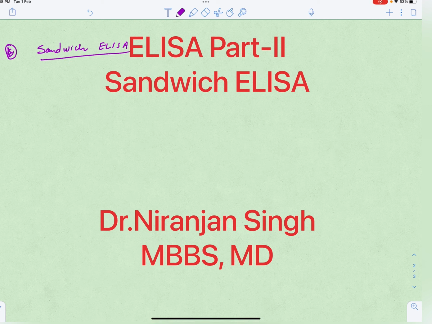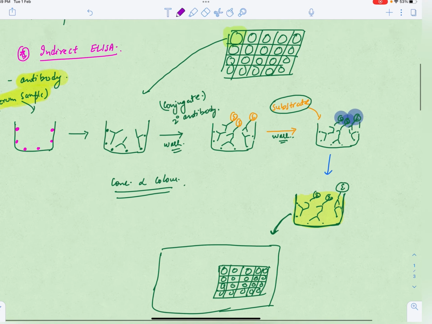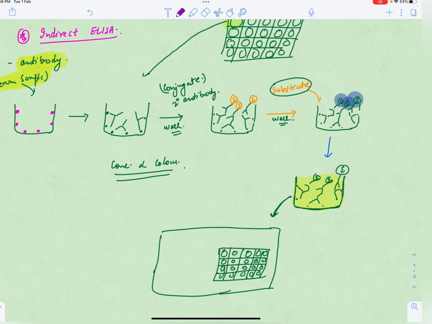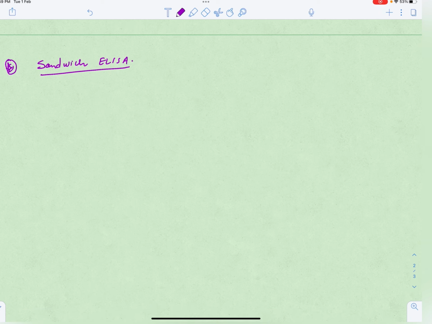Now, to understand sandwich ELISA, as you already know, in indirect ELISA the antigens are adsorbed onto the surface of the well. Whereas in sandwich ELISA, in this technique, the antibodies are immobilized on a microtiter well.